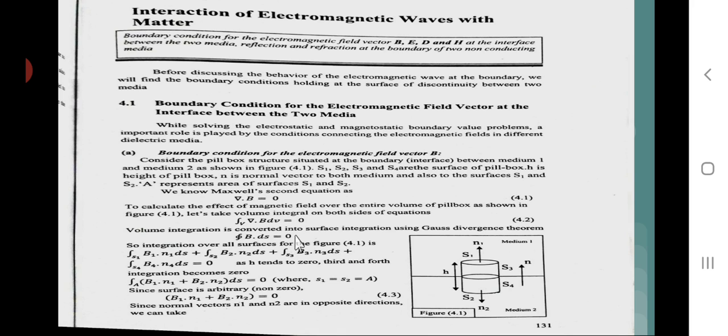So integration over all the surfaces: for surface S1 it is the integral over S1 of B1 dot n1 dS, plus the integral over S2 of B2 dot n2 dS, plus the integral over S3 of B3 dot n3 dS, plus the integral over S4 of B4 dot n4 dS, which is equal to 0.